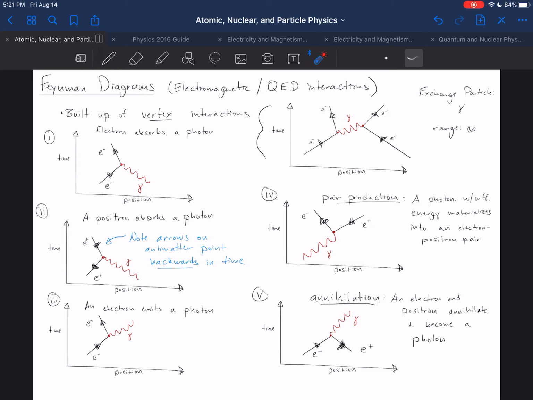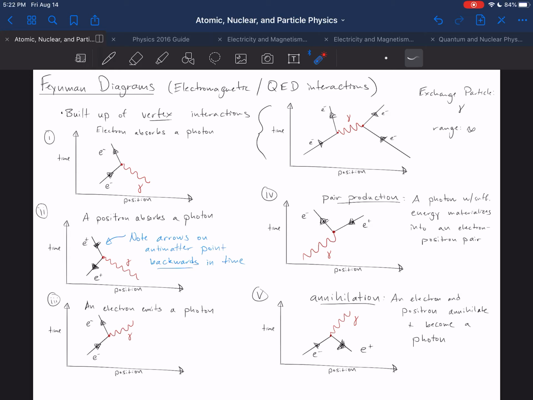You reverse the arrow in time. I would not overinterpret this to mean that antimatter particles are reversed in time, although there is some mathematical truth to that. But I wouldn't overinterpret it. Simply recognize that if the arrow is pointing backwards in time, it is an antimatter particle.